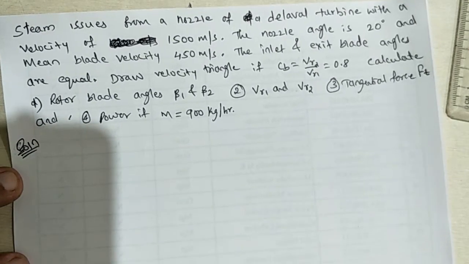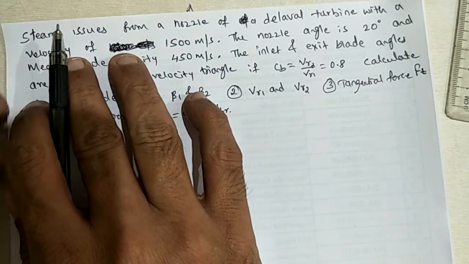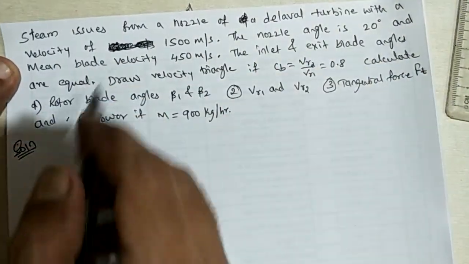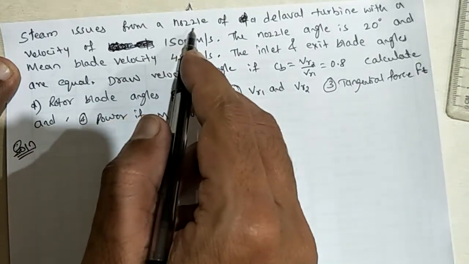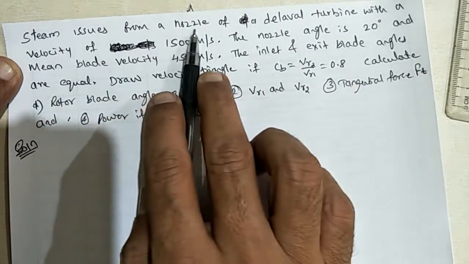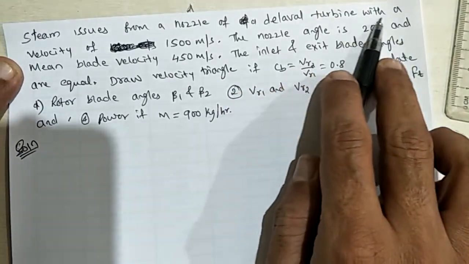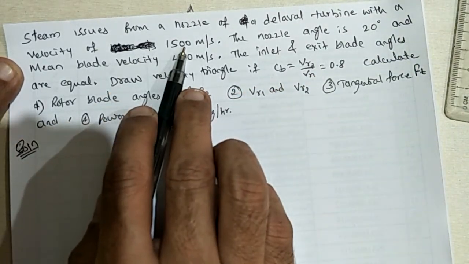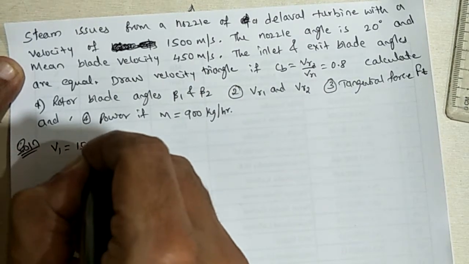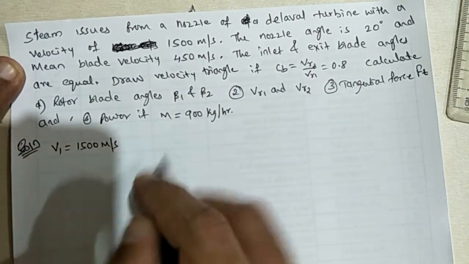Solution. Okay, so again it is a De Laval turbine. Steam issues from a nozzle, right? So this we call it as V1, steam issues from a nozzle of a De Laval turbine with a velocity of 1500 meters per second. So V1 is given, that is 1500 meters per second.